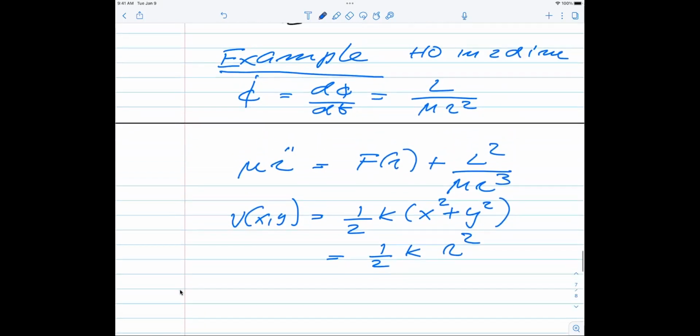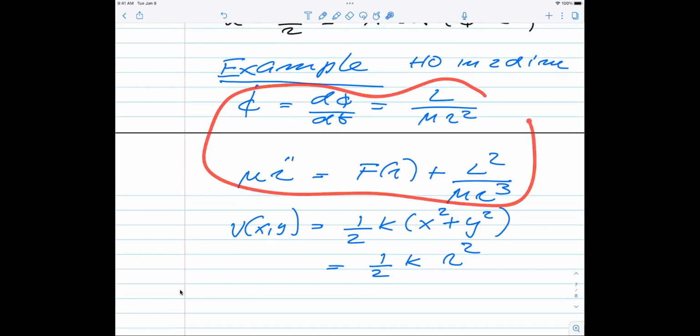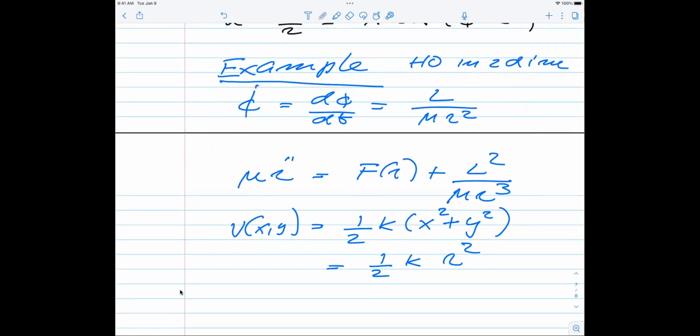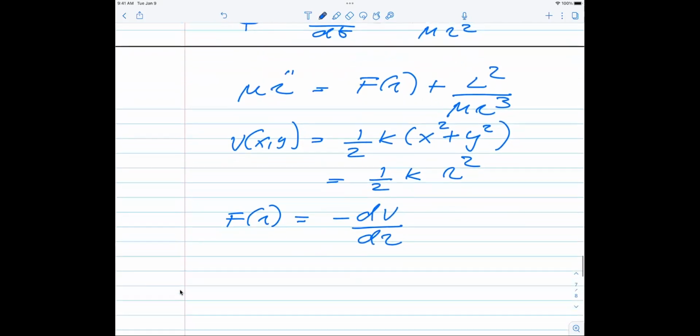So when I rewrite the equations in polar coordinates, the equations I have are these equations here. And the only thing I need to plug in is the harmonic oscillator potential. We know that f of r in that case is simply minus dV dr, which in our case can be rewritten in terms of an x component and a y component. In this case, this is given by minus k times r.